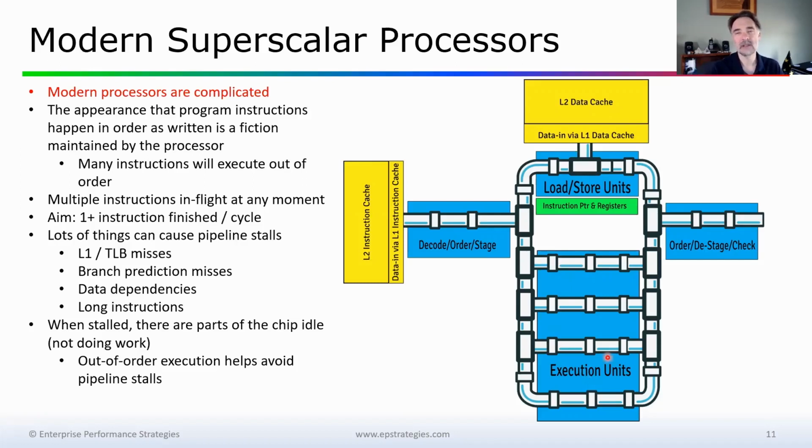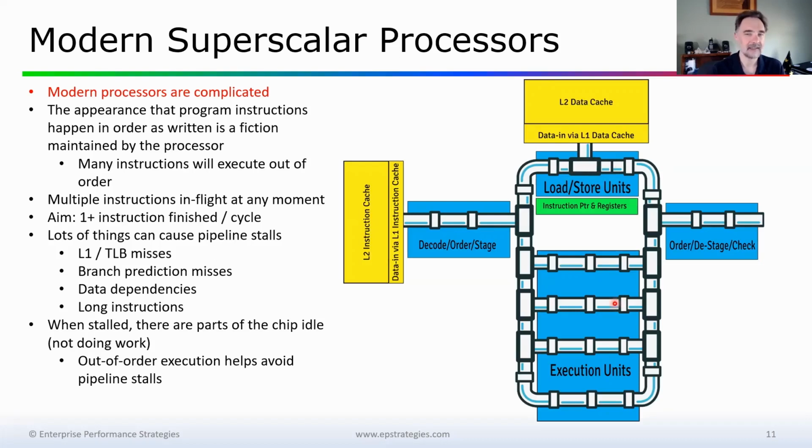However, there's a number of things that can cause pipeline stalls, right? So if you have an L1 data cache miss or a translation look-aside buffer miss, getting data out of L2 or out of the further caches is going to take a longer amount of time, right? And that may cause a pause in the instructions. You can imagine if there's an instruction down here that needs a result from the load from memory, then this instruction is going to have to pause, right?